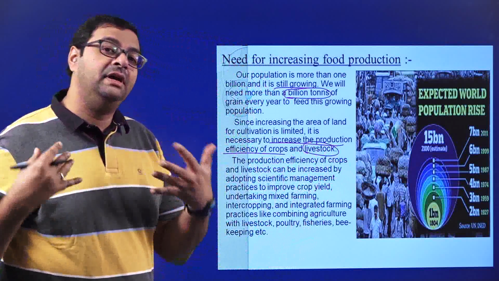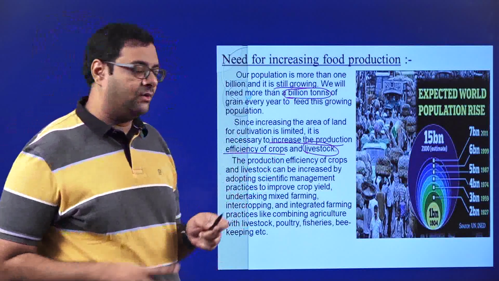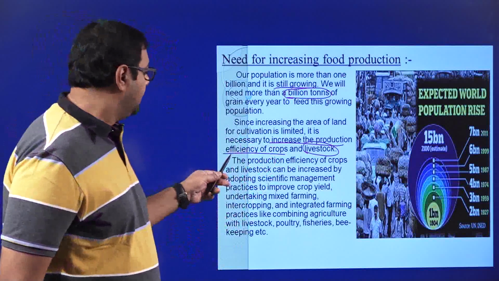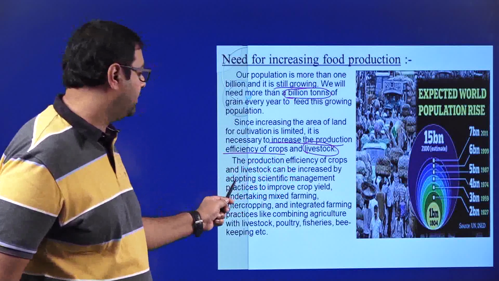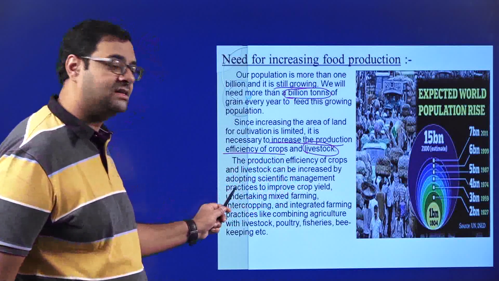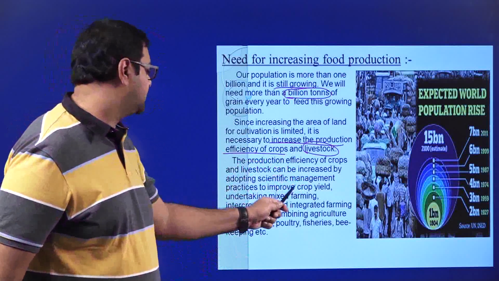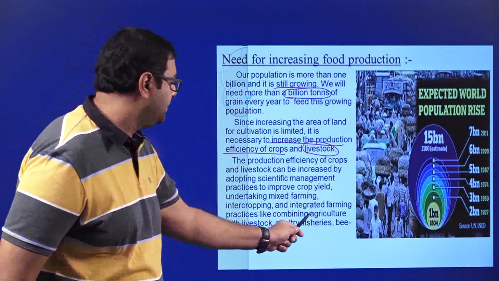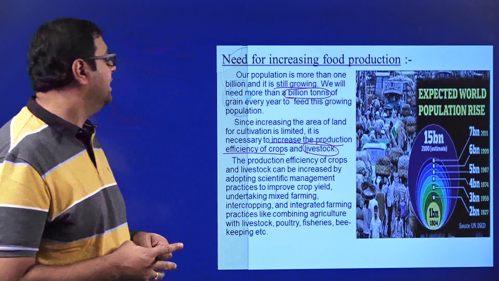How do we increase that production? These are the questions we'll be answering. The production efficiency of crops and livestock can be increased by adopting scientific management practices to improve crop yield, undertaking mixed farming, intercropping, and integrated farming practices like combining agriculture with livestock, poultry, fisheries, and beekeeping, etc.